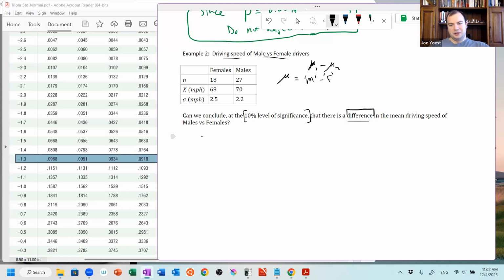Okay, so my hypotheses, H1 is that mu is non-zero, in other words, that there is a difference. H0 is that mu is equal to 0, that there's no difference in the means. X bar observed is X bar for the males minus X bar for the females. So that's 2.